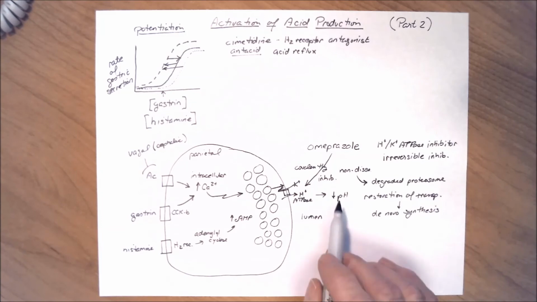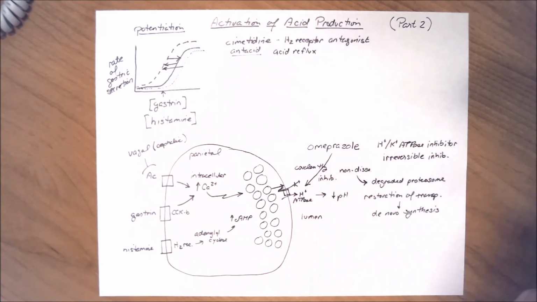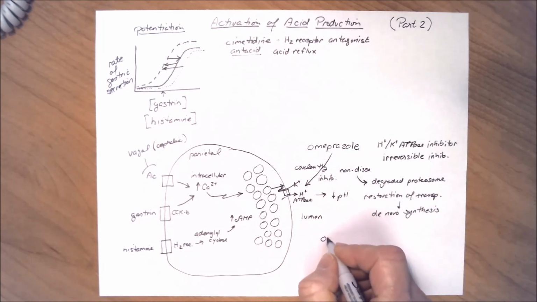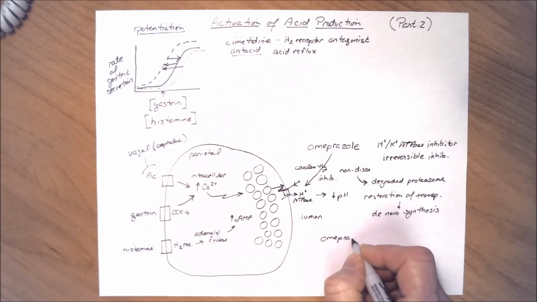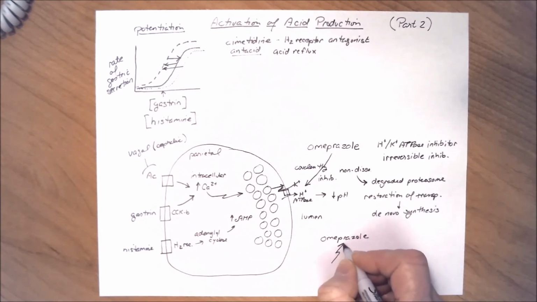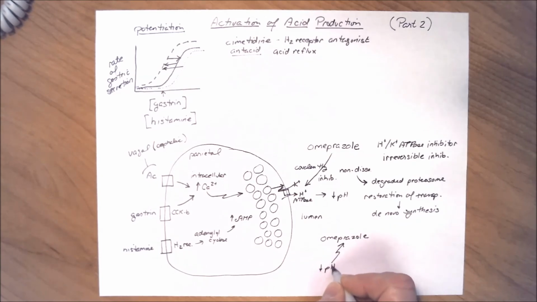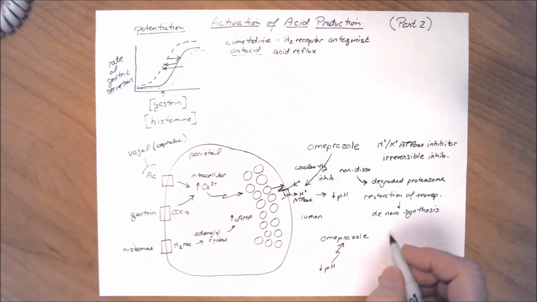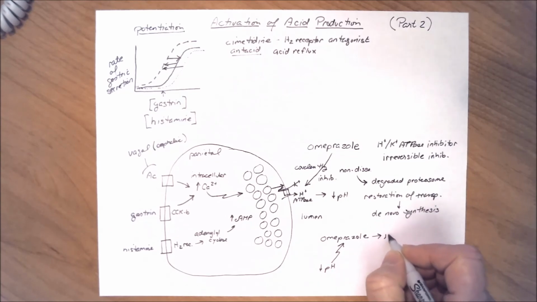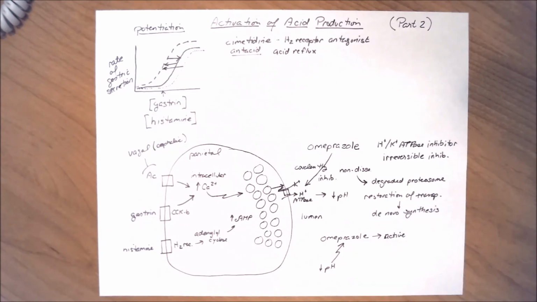Now, Dr. Shuttleworth will be going over the exact mechanism of omeprazole, which is very interesting: omeprazole becomes activated by low pH. The drug is inactive at neutral pH, and it becomes active when it gets into a low pH environment.